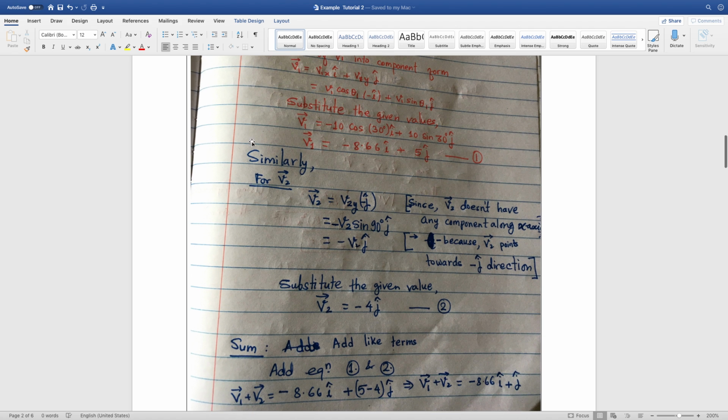So similarly, we do the same thing for vector B2. So B2 here is equal to B2y minus j hat, since B2 does not have any components along the x-axis and also it is negative because this vector B2 points towards the negative j direction.